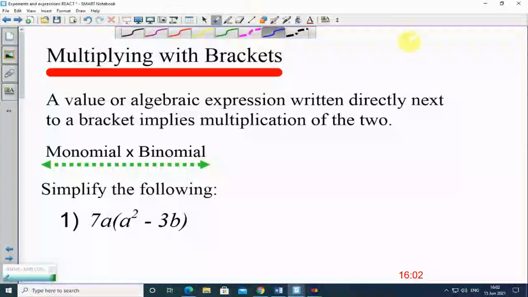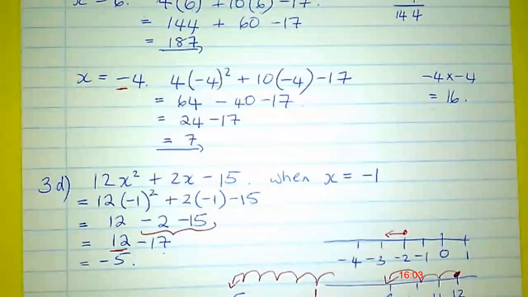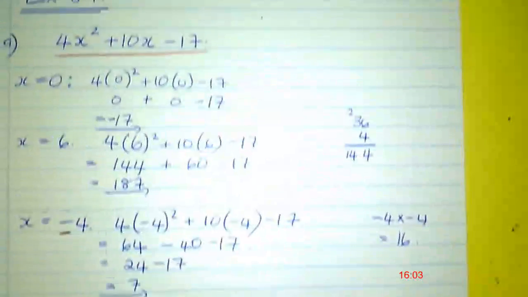So, the next thing I want to focus on is what do we do when we have a bracket? Okay. What is meant when I put something next to a bracket? Well, we've already actually used brackets today. Remember when we had to find the value of the expression when something was 1 or 0?